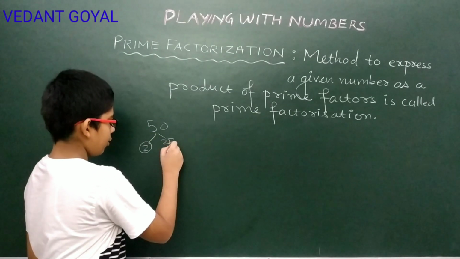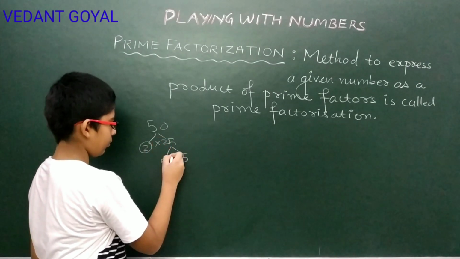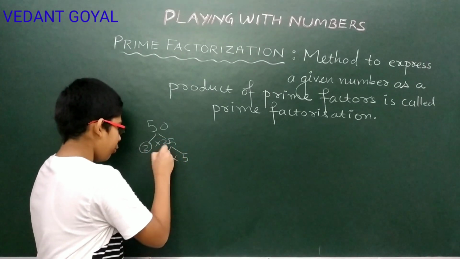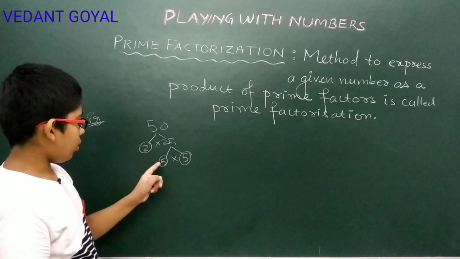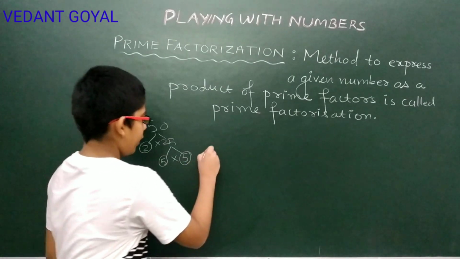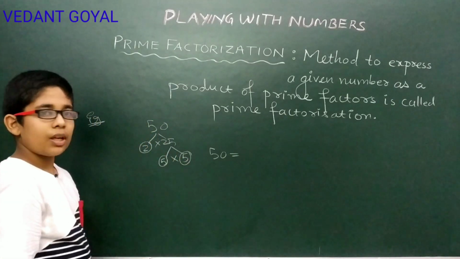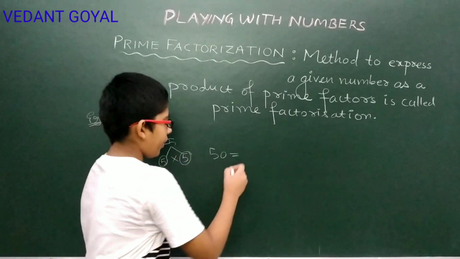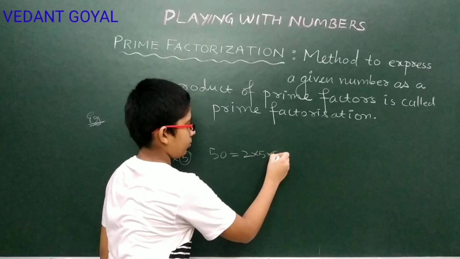Then 25 can be written as 5 into 5. So 5 is a prime factor, so they will also be circled. So 50 is equal to the product of the prime factors, which is 2 into 5 into 5.